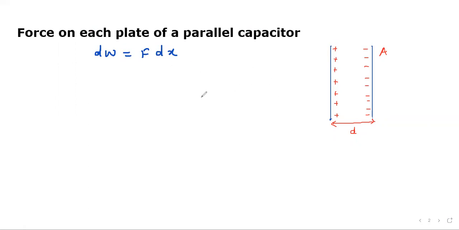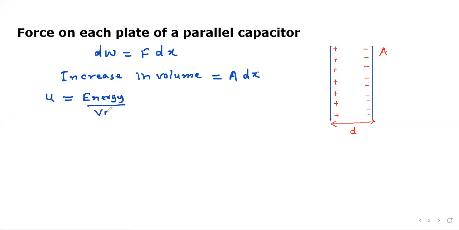Now, the increase in volume of the capacitor will be equal to area times distance moved, A dx. Now, we know that energy density is given by energy divided by volume.